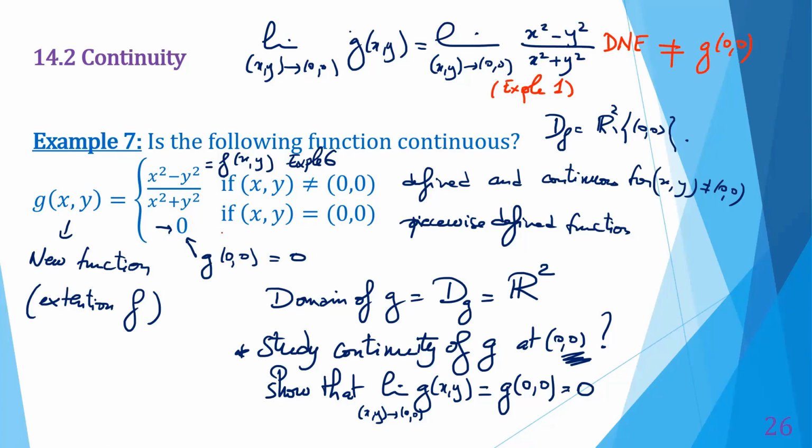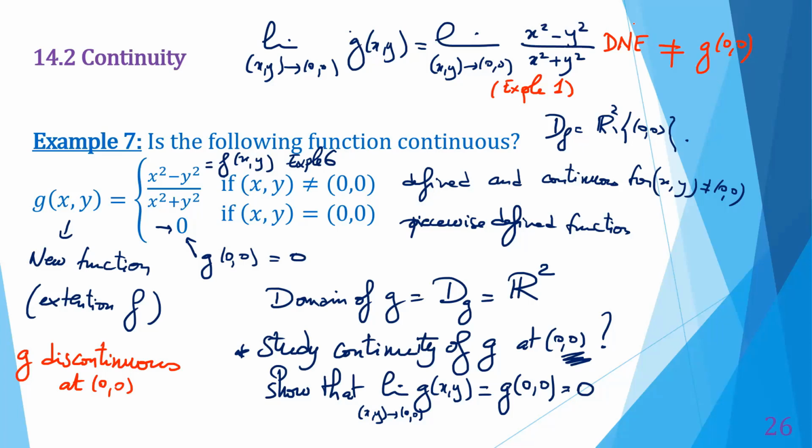Okay, so even if we extended the function f by giving a value at (0,0), it doesn't match. So the following function g is discontinuous at (0,0). مو لأن أعطيناها قيمة صفر، حتى لو أعطيناها أي قيمة 5 7 9 مش راح تضبط.